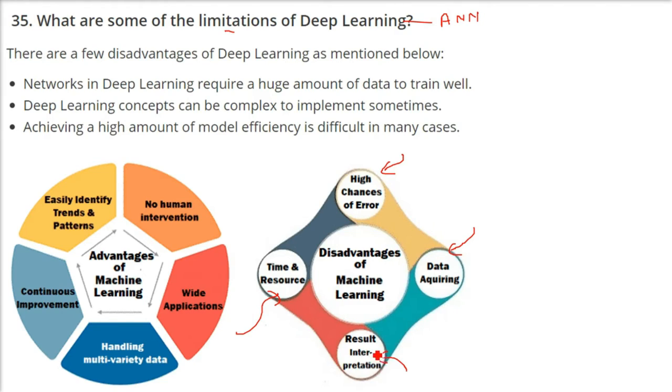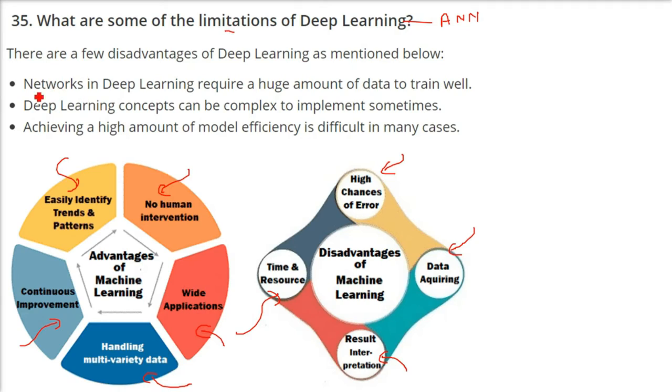But there are advantages also of machine learning. There is no human intervention, wide applications, handling of multi-variety data, continuous improvement by ML, and easily identify any trend and patterns. Now coming to the deep learning, what are the disadvantages of deep learning?